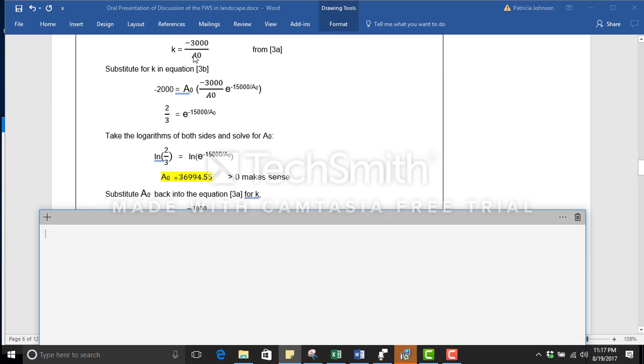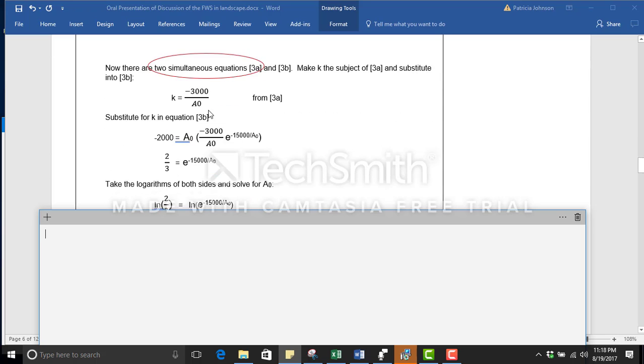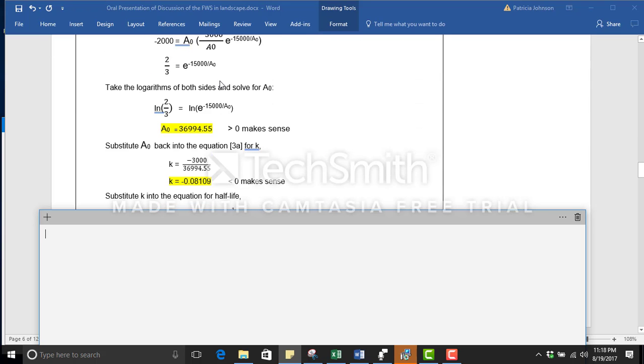K equals minus 3,000 over A naught. We substitute that into our equation up above, we take the logarithm of both sides to simplify our equation, and we use our graphics calculator to compute a numeric value for A naught.